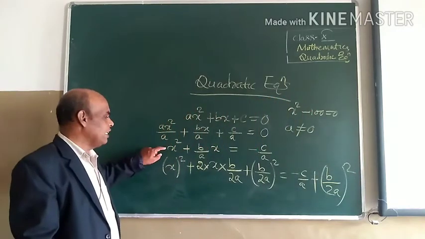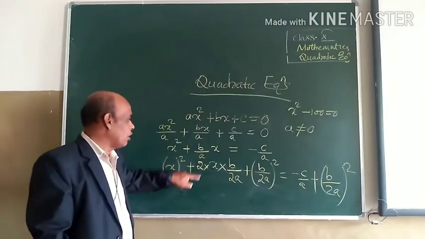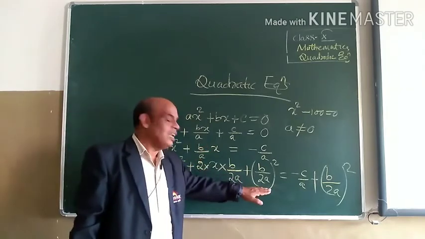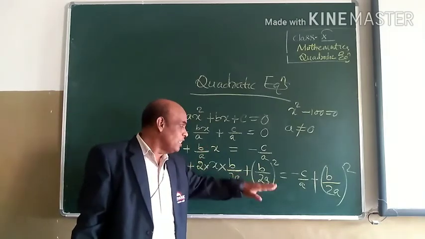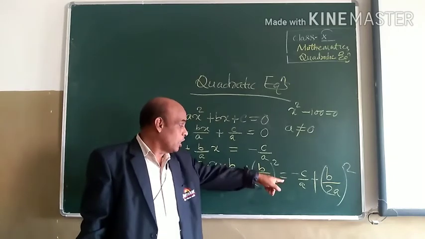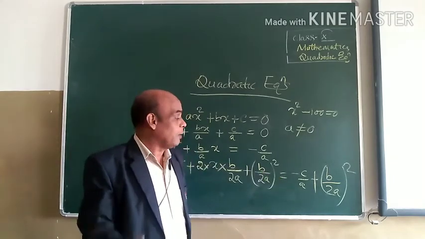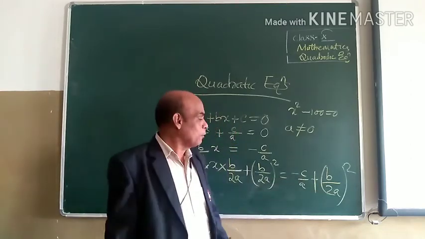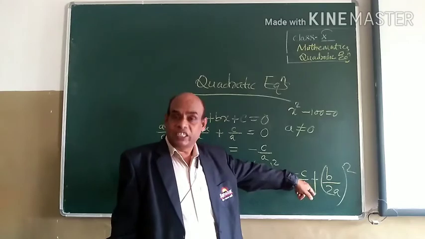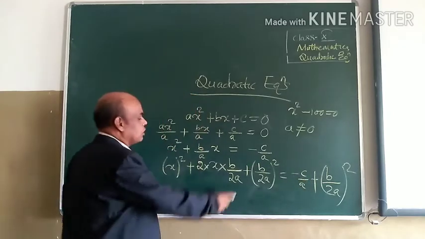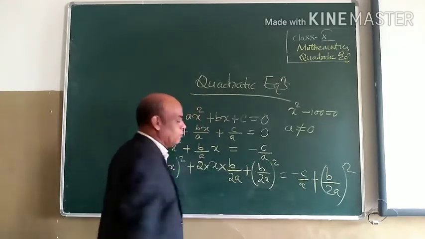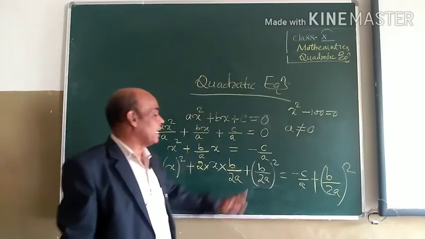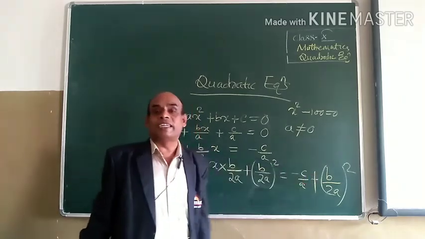This one is already here, but this one I have added. Since I have added it on the left side, and there is an equals sign, I have to add it on the right side as well. Because this is the extra term, it should also be added on the right hand side.